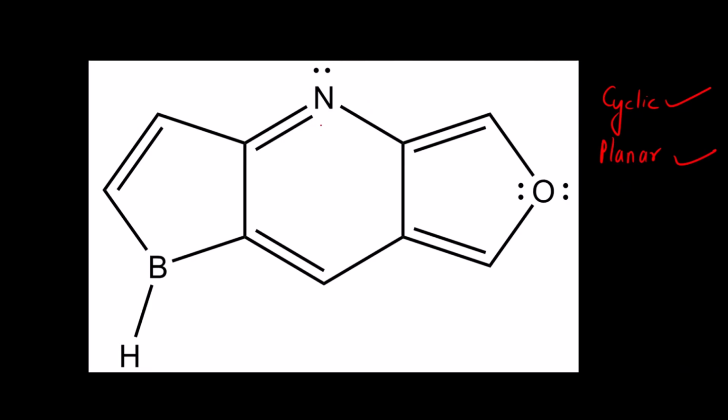Then we have to see whether conjugation is present. Is this lone pair involved in resonance? No. This pi bond can shift here, and this pi bond can shift here. In this oxygen, are both the lone pairs involved in conjugation? No, this one is not involved, but this one will be involved, so it will move here like this.